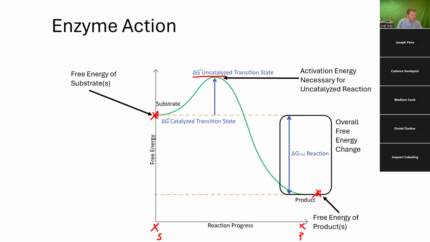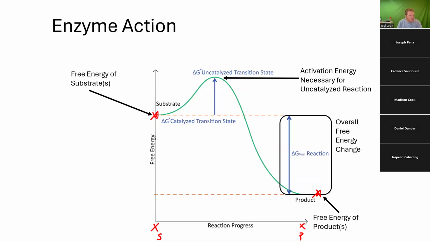Now, here is the delta G of our uncatalyzed transition state. As soon as you get to that delta G, as soon as the free energy changes have taken place, this is the highest free energy of this reaction. Your reactants that reach this free energy state are ultimately going to go down here to reach a lower free energy, because at that lower free energy it's a little bit more stable.